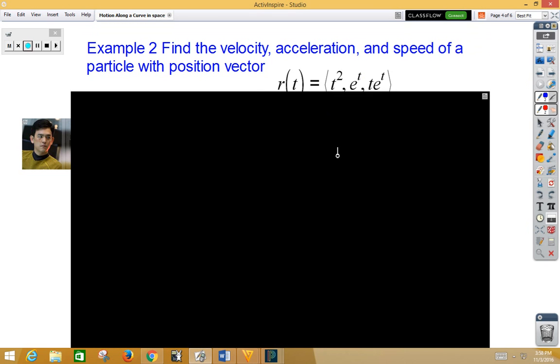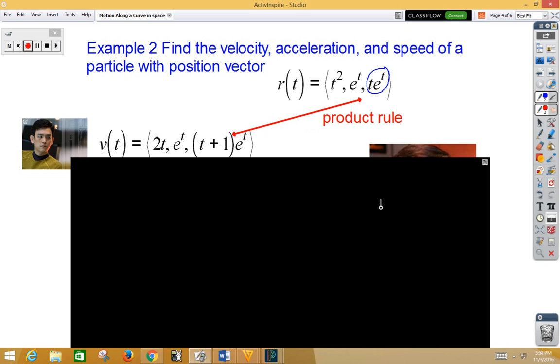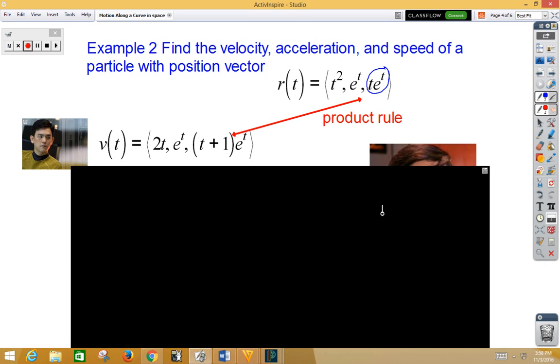In this example, we find the velocity, acceleration, and speed of a particle with position vector r of t equals t squared, e to the t, t e to the t. Now let's keep in mind that back here, that's going to be product rule. So we're going to start with our velocity.